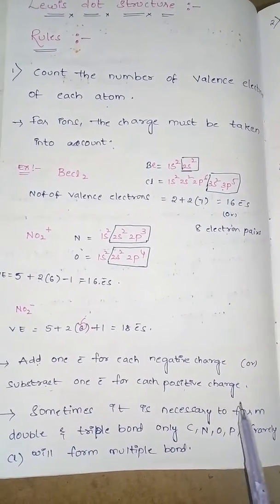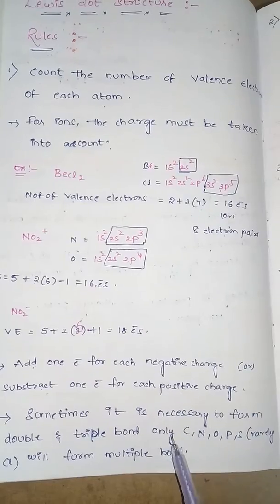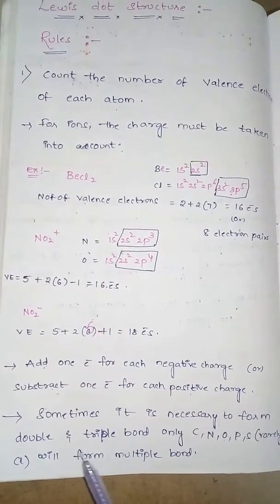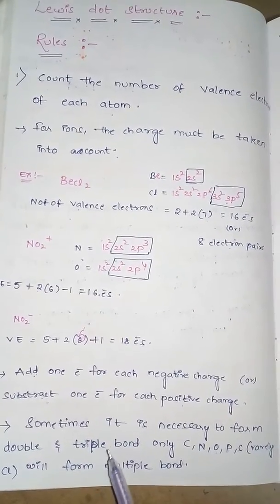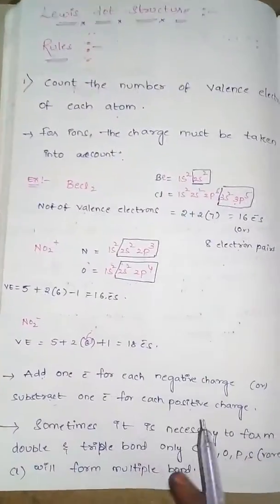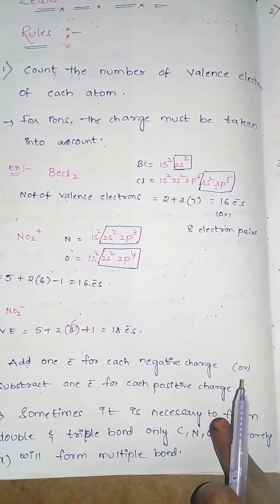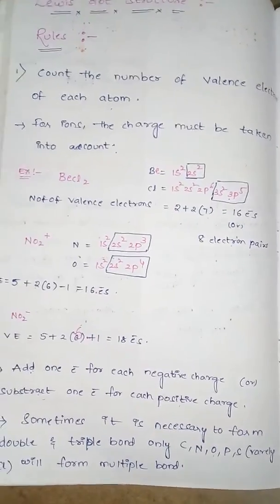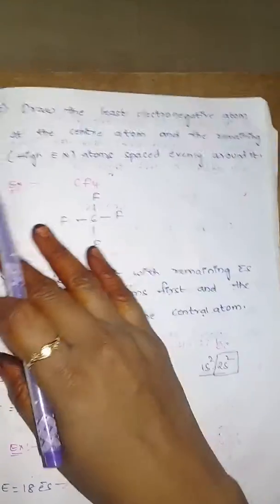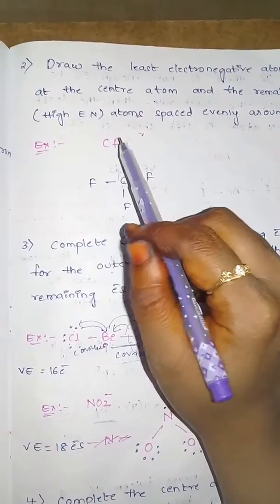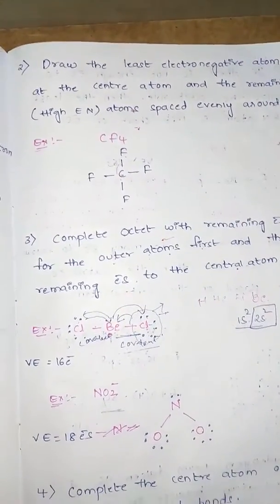Sometimes it is necessary to form double and triple bonds between carbon, nitrogen, oxygen, phosphorus and sulfur. Rarely, chlorine also forms double and triple bonds. And the next rule is that the least electronegative atom is taken as the central atom and the remaining atoms are surrounded around it.